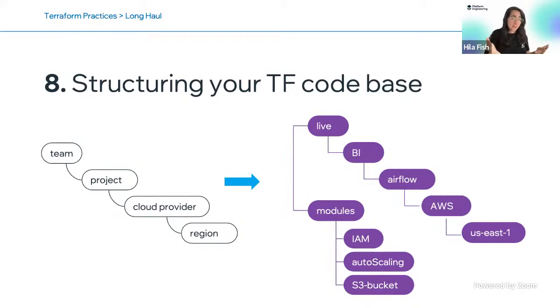So this structure that I just showed you here allows us to have small state files. And why is that? Because the state file is in that level, in US East 1. So it means that the state file only consists of Airflow resources for the BI team in AWS in US East 1. Okay, so it's very, very contained.